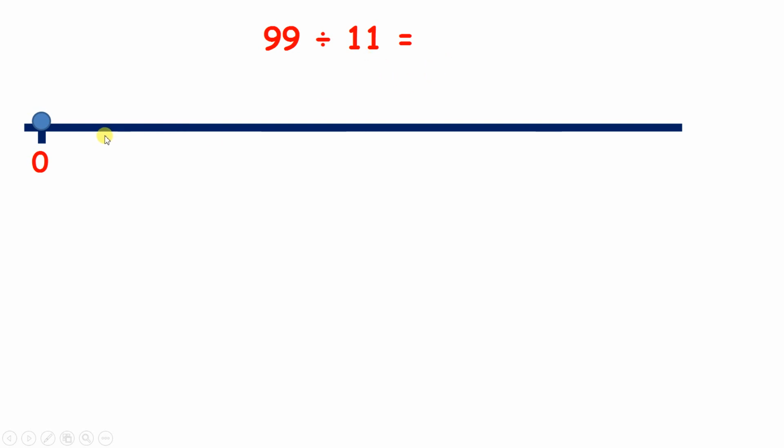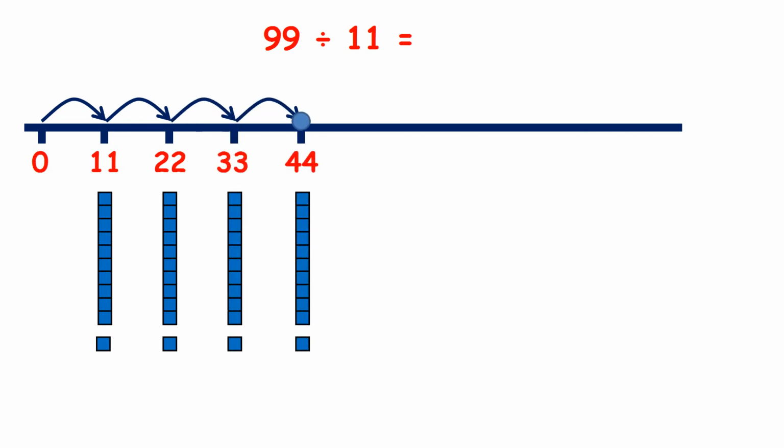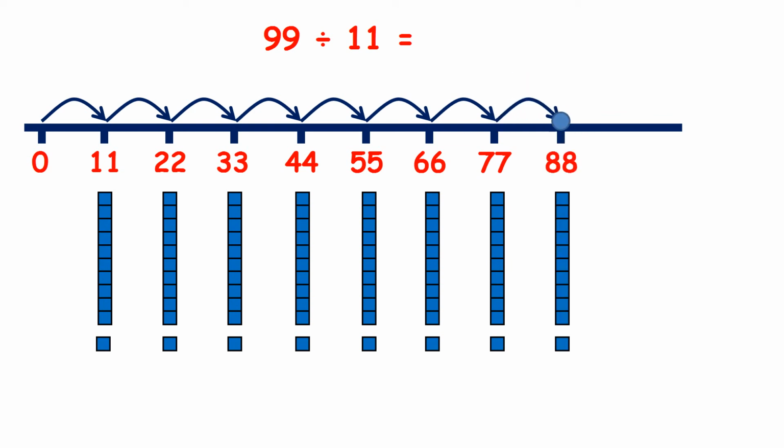But let's count on a number line to check. 11, 22, 33, 44, 55, 66, 77, 88, 99. And that's 9 jumps, so we have 9 groups of 11, and our answer is 9.